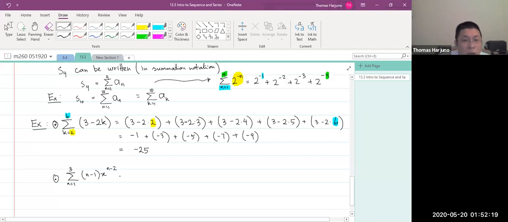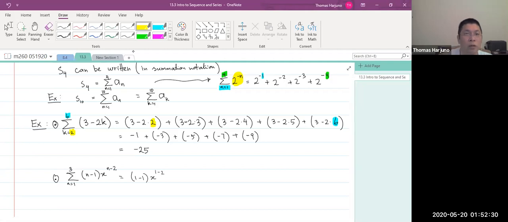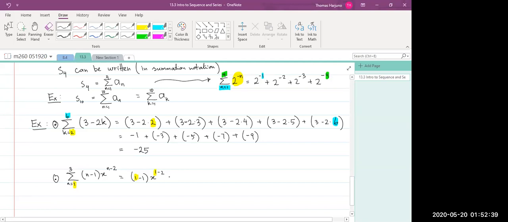Okay, let's see. What is the first term? 1 minus 1, x to the 1 minus 2. When n equals 1, this is 1 minus 1, which is 0. Let me write it down first.